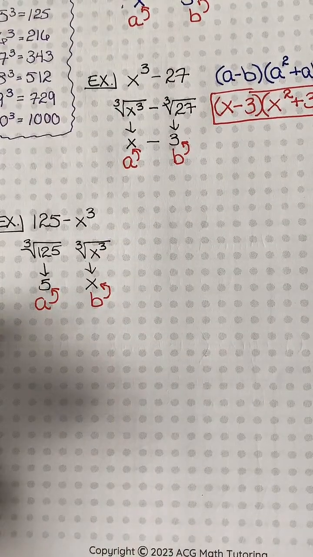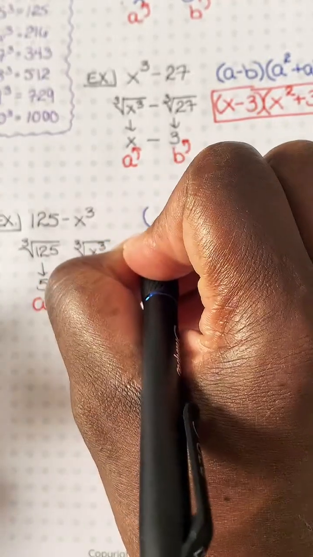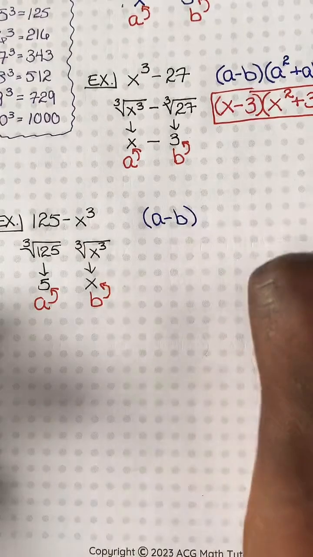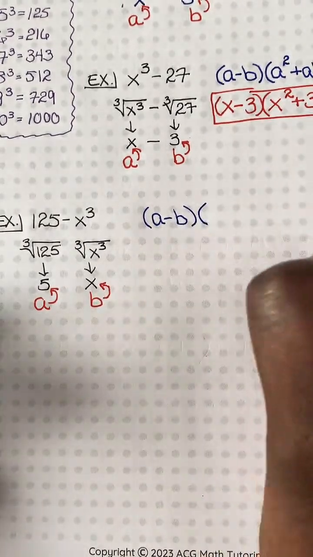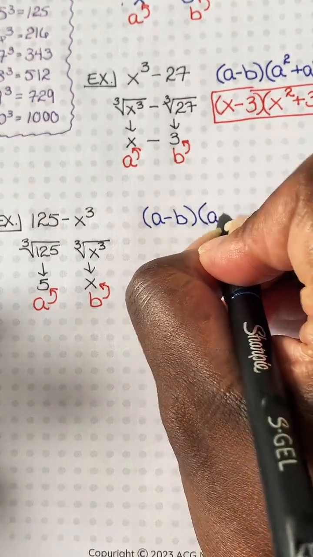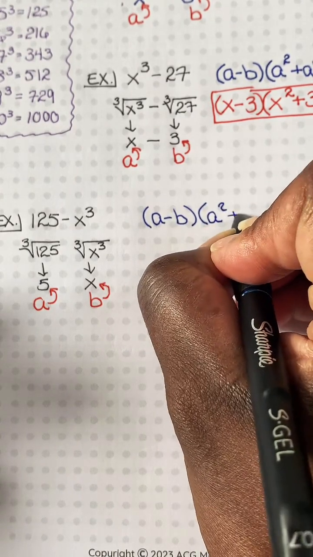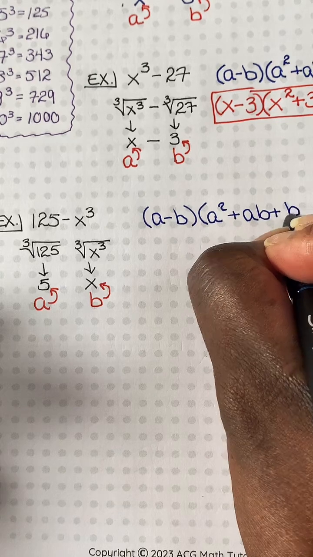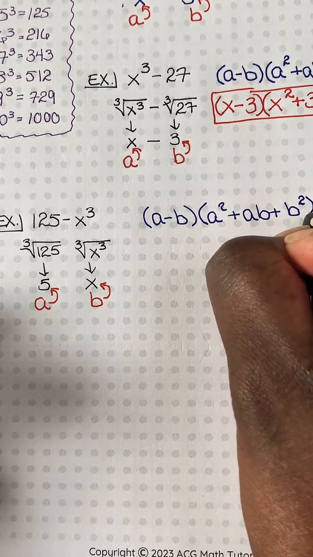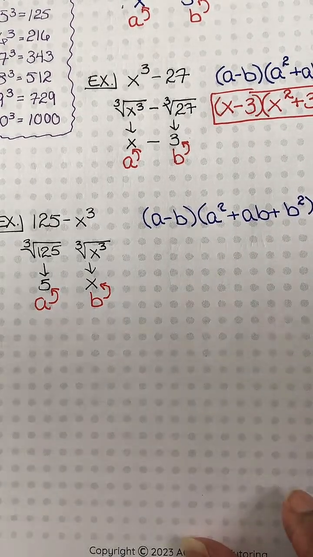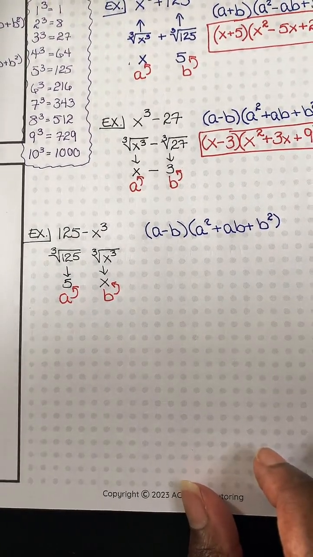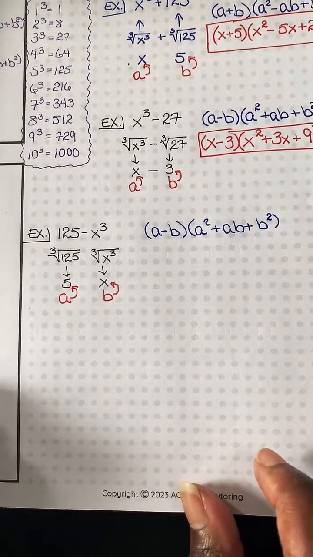The formula for difference of cubes is A minus B, and that means my second parenthesis is nothing but addition. So that'll be A squared plus AB plus B squared. Let me shrink that down a little bit. There we go.